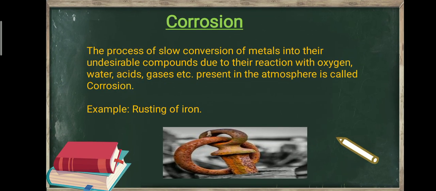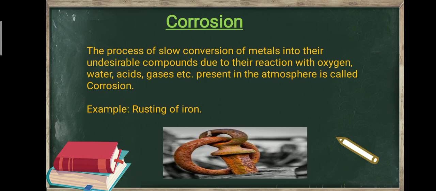Now come to our next topic, which is corrosion. What is corrosion? Corrosion is basically the process of slow conversion of metals into their undesirable compounds due to their reaction with oxygen, water, acid, gases, etc. present in our atmosphere. So we can say that when acid or moisture attacks the metals and changes their properties, the phenomenon is known as corrosion.